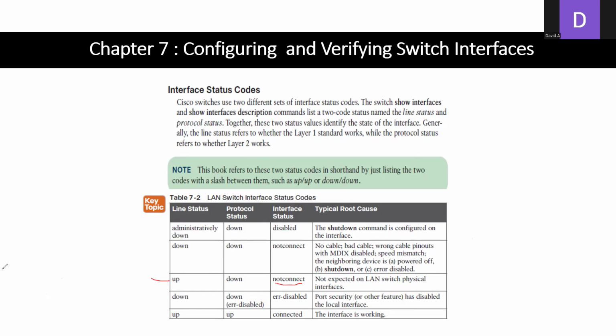I'd love to figure that out and recreate it for you guys. I will find a technical article that would showcase this line status and protocol status combo and find the root cause as to why this is the case.